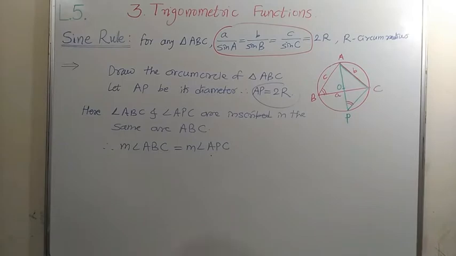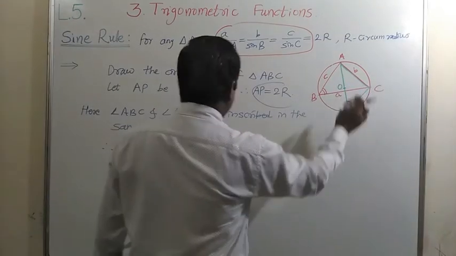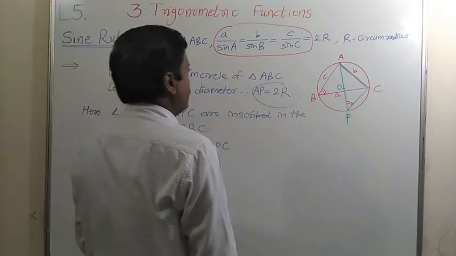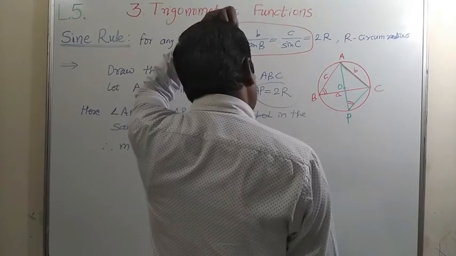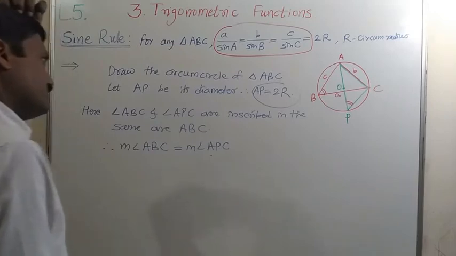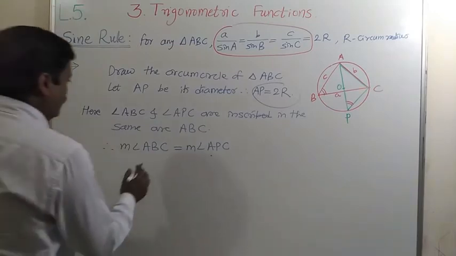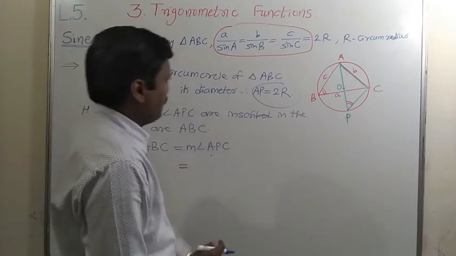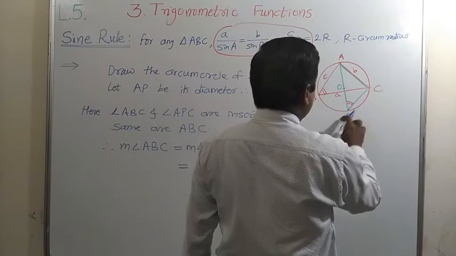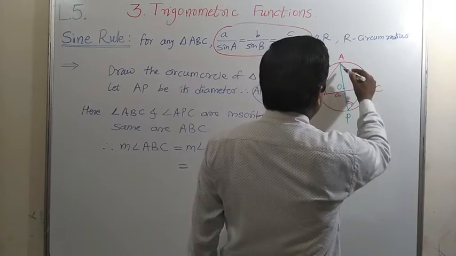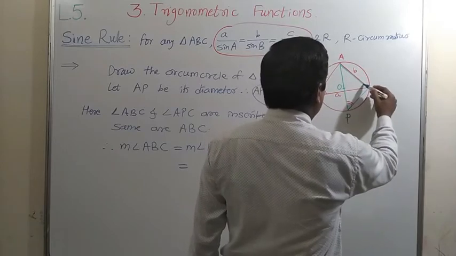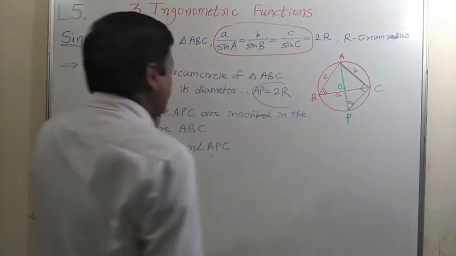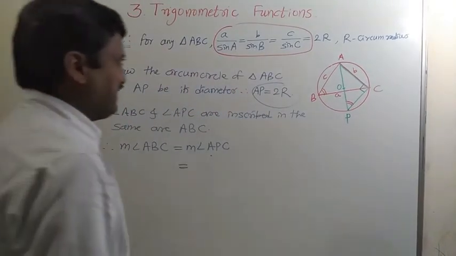So these 2 angles are the same. But in this triangle APC, AP is the diameter, so therefore the angle at C is a right angle.